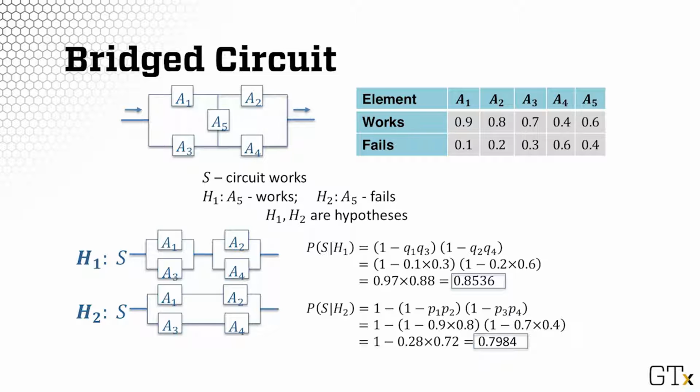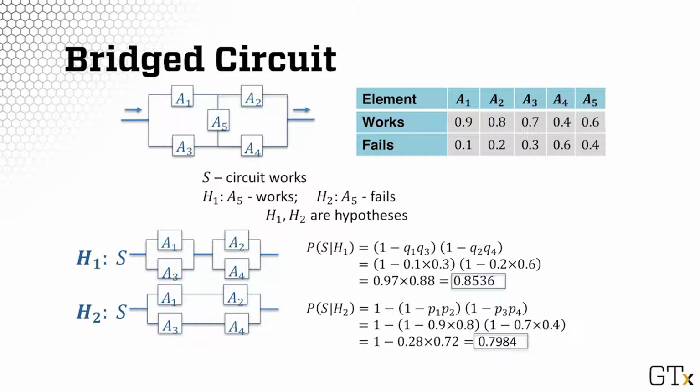Now take a look at the probability of the system working if hypothesis H2 is true. That one splits into the parallel connection of two inline connections, A1 and A2, and A3 and A4. So what I do first, I find for the upper branch P1 P2 is working, and for the lower branch P3 P4 is working. But then I switch to the probabilities of them failing: 1 minus P1 P2 and 1 minus P3 P4, because I have a parallel connection between A1, A2 and A3, A4.